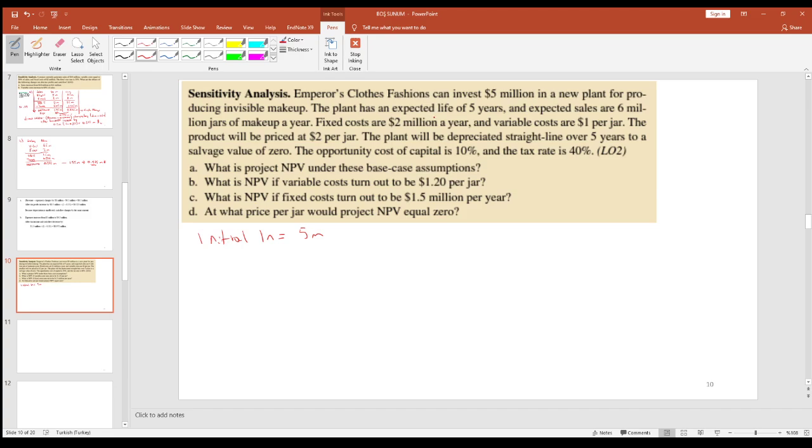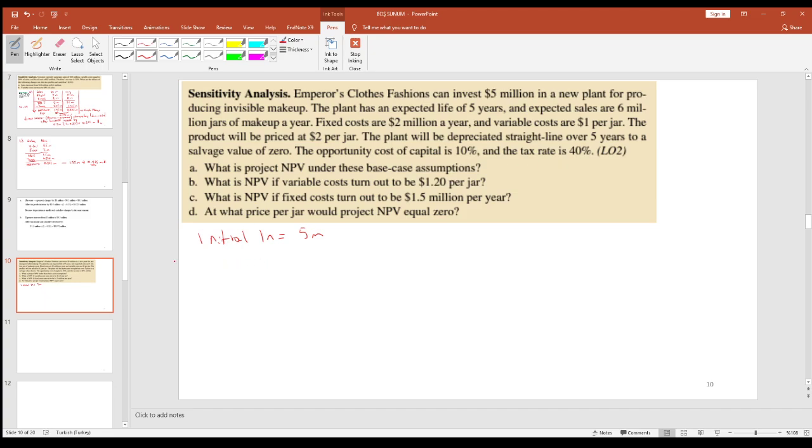The plant has an expected life of 5 years. The expected sales are 6 million jars of makeup a year, fixed costs are 2 million a year, and variable costs are $1 per jar. The product will be priced at $2 per jar. The plant will be depreciated straight line over 5 years to a salvage value of 0. Opportunity cost of capital is 10%, tax is 40%.